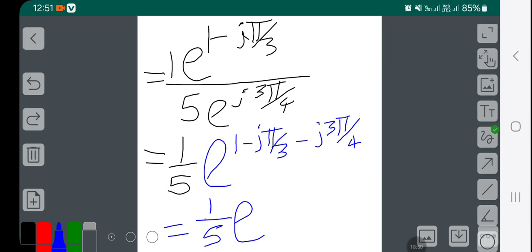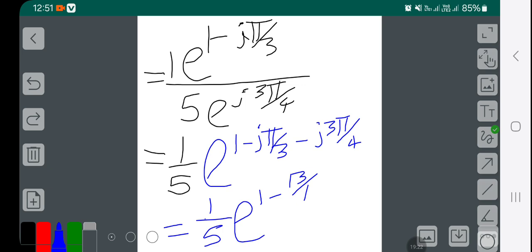So it's going to be 1 minus, if you subtract your like terms, negative π/3 then minus 3π/4. What do you get here? You get negative 13/12.